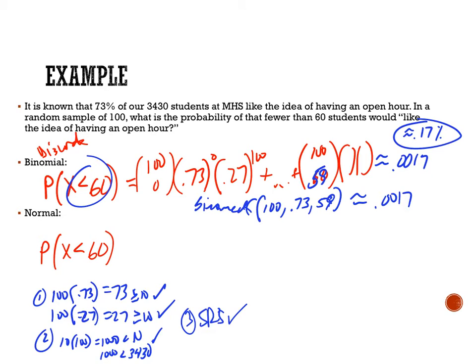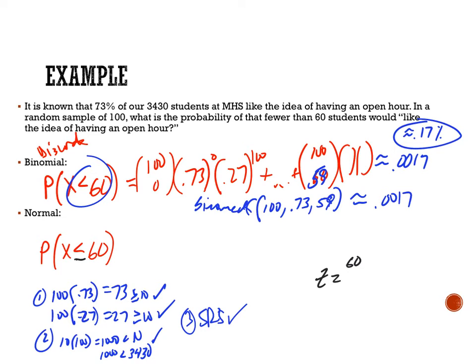Now, to solve this, now that we know it can be solved with a normal, we would just get a z-score. So the z-score here is for less than 60. In this case, because it's continuous, we don't want to put 59 here because that takes out some of what we have. So just like we did way back when with the normal, we still started at 60.